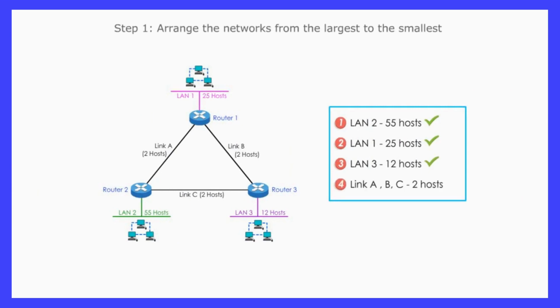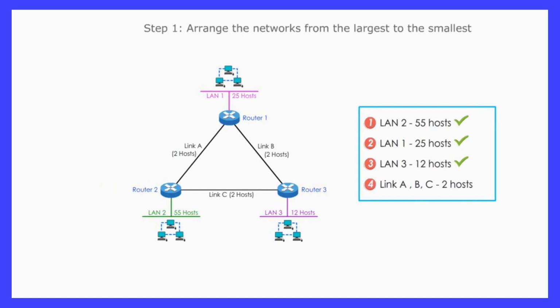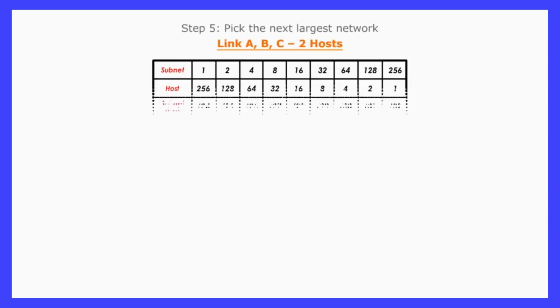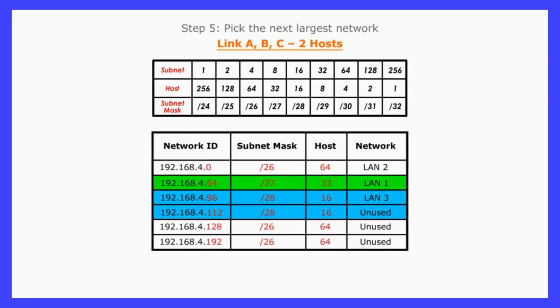We want to assign 3 smaller subnets for serial links A, B, and C. Each link needs 2 host IDs. Step 5 is the last step because once we get subnets for these 3 links, we are done. Let's look at the second row in the table. We are looking for the minimum number of hosts that can satisfy a network with only 2 hosts.